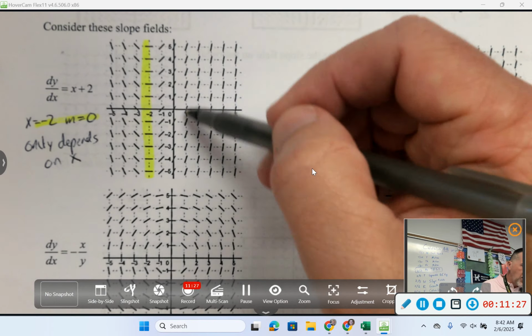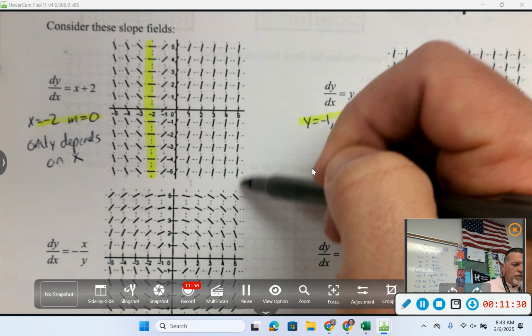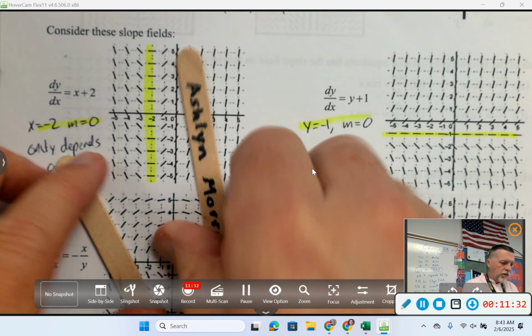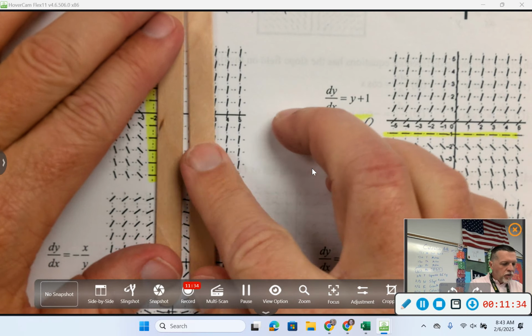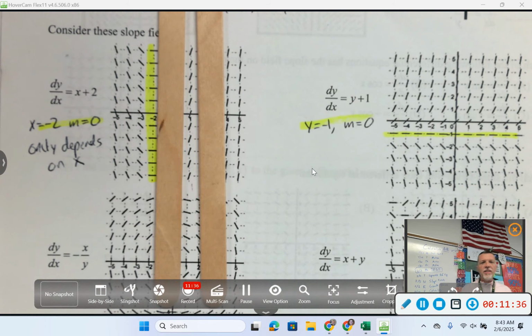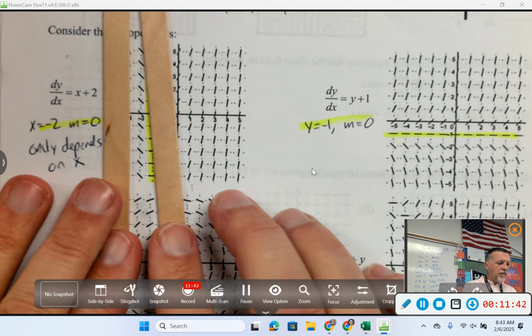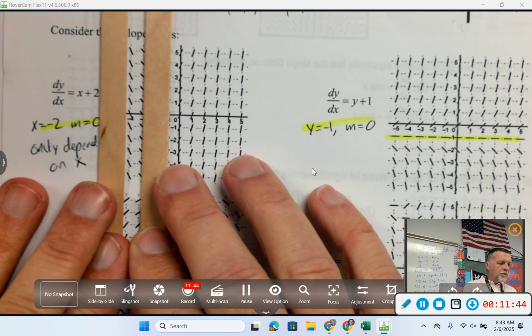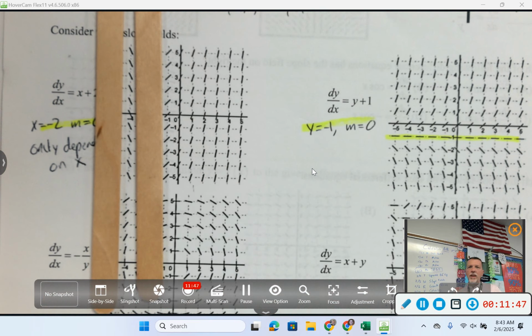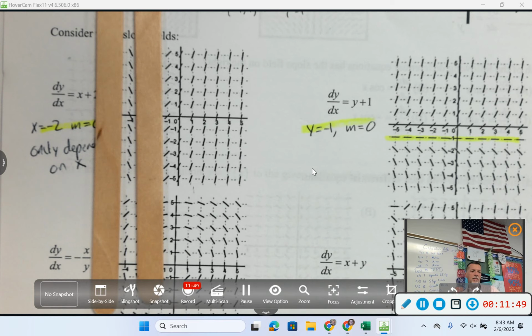The slope doesn't change when you move up and down. If you look at just one column of slopes, they're all the same. It doesn't matter what y is, it only matters what x is. That slope only changes as you move left and right. You pick any column and all the slopes are the same because it only depends on x.